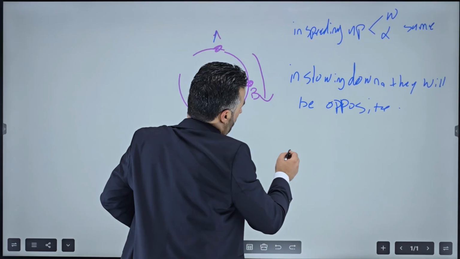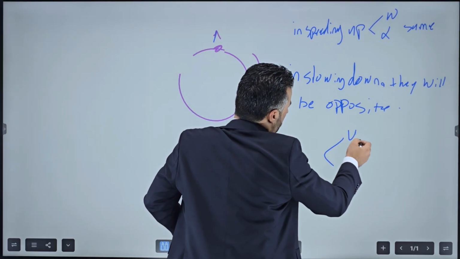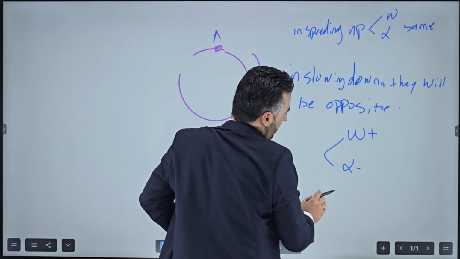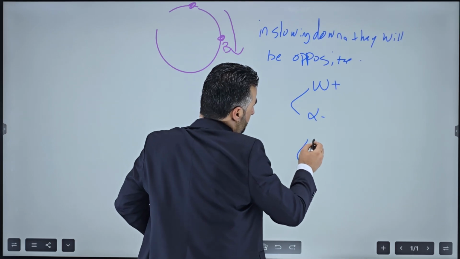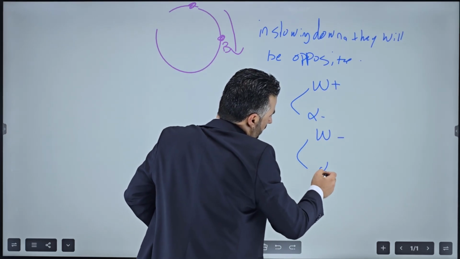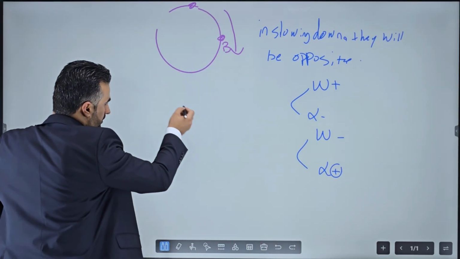That means, watch this, let's say that is slowing down. If angular speed is positive, then angular acceleration will be negative. What if it is, for example, the opposite? If the angular speed is negative, in slowing down, then angular acceleration will be positive. Let me tell you what I mean by this.